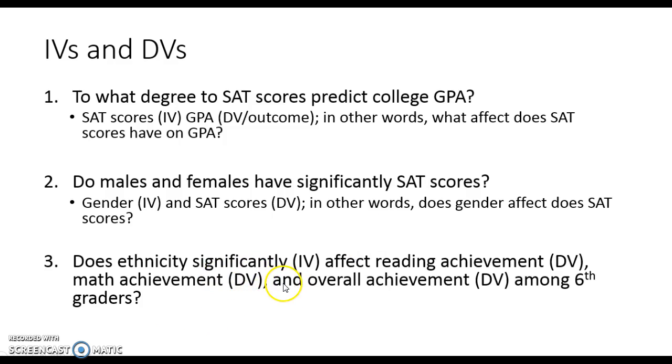Ethnicity, does ethnicity significantly affect reading achievement, math, and overall achievement? So actually our IV should be right here, and that would be, what outcome or impact or effect does ethnicity have on this DV, and this DV? It's just kind of fun to do those, I guess, in my opinion.